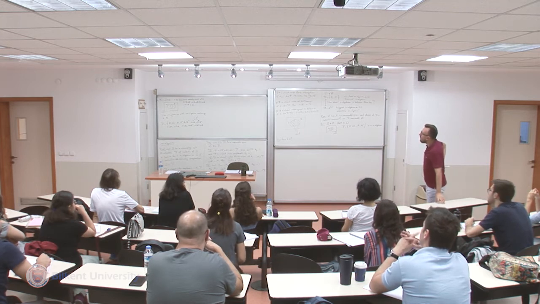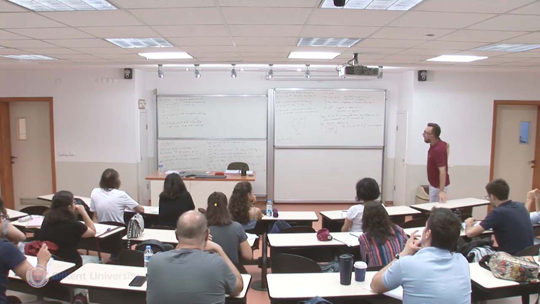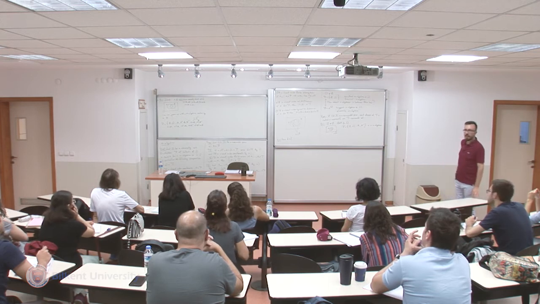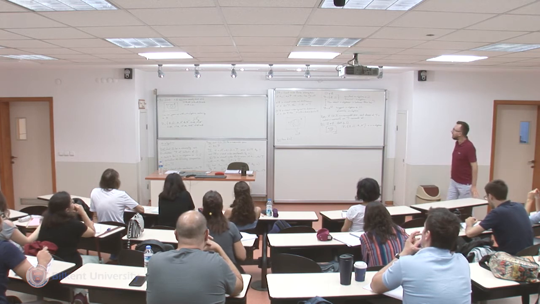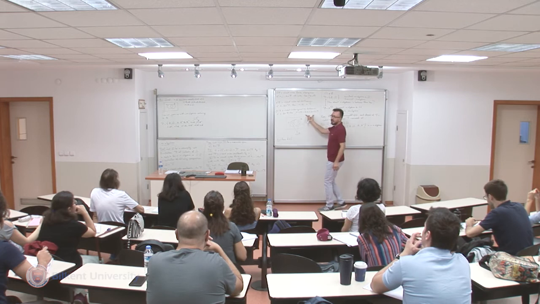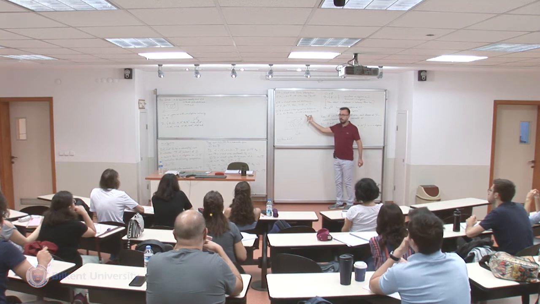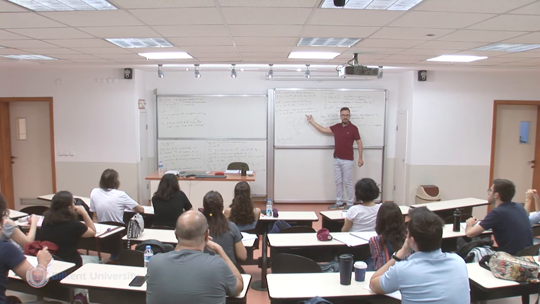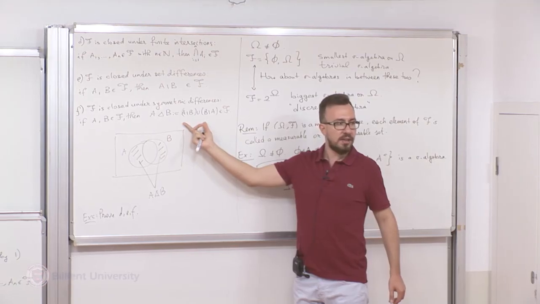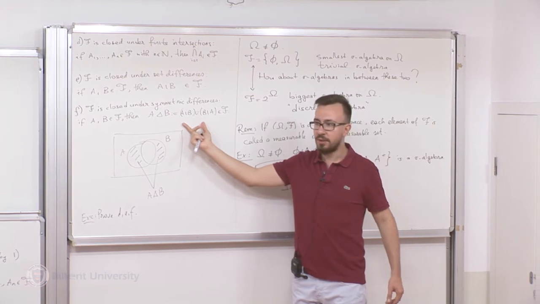Okay, so A minus B is there, B minus A is there. How about their union? Is the symmetric difference there? Did you find it? Nobody could find it. So it's not there.